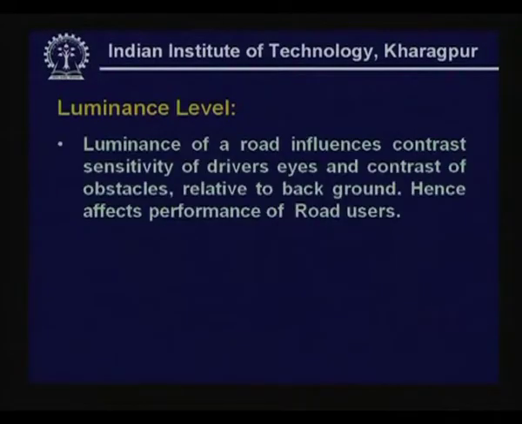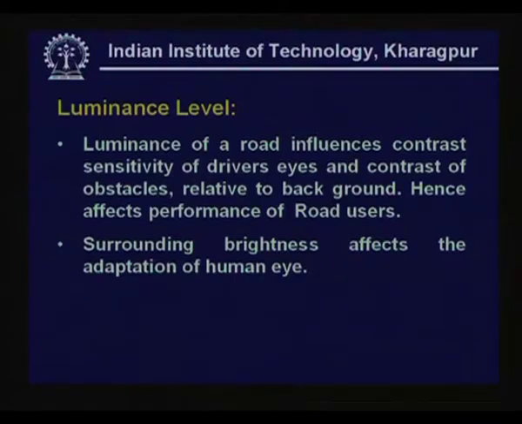Considering the first one, luminance level, the luminance of a road influences the contrast of driver's eye and obstacles. It depends on the background, and therefore, this has high impact on the performance of the road users.